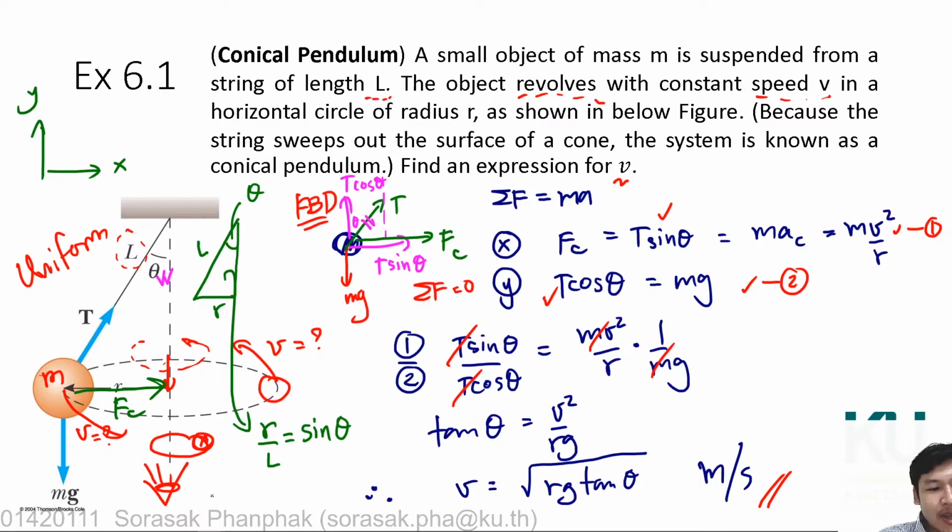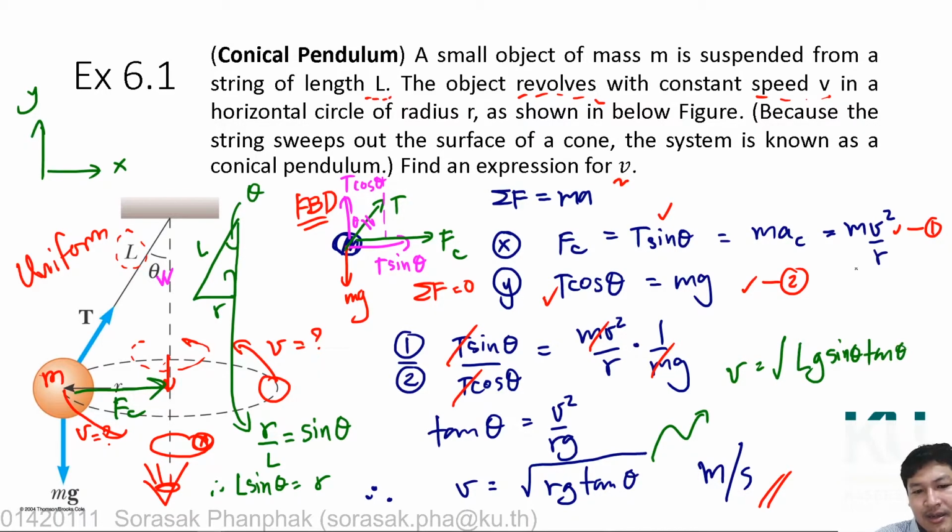You can write L sine theta equal to R as well. You can substitute this into this term, so finally you get v equal to the square root of L g sine theta tan theta.